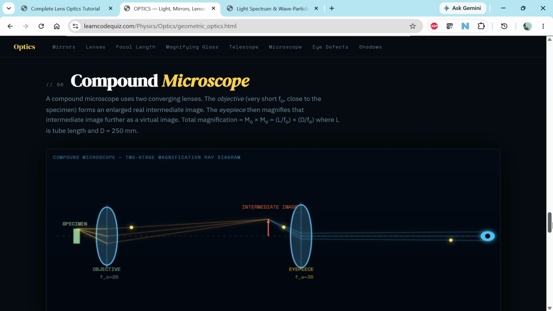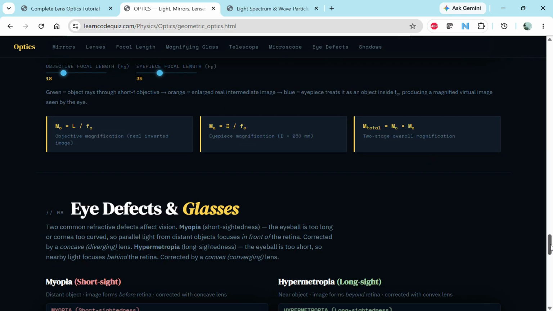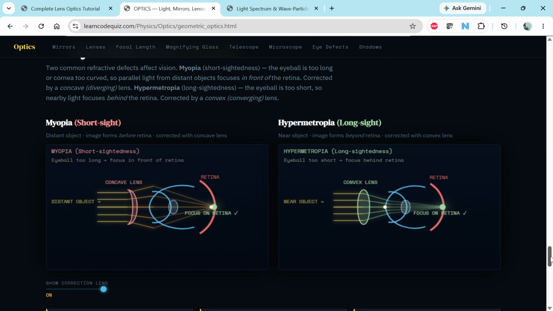Or how does a compound microscope work? Or for that matter, you may have been using specs or glasses and found difficulty in reading something close by, and the doctor prescribed some glasses, some power.